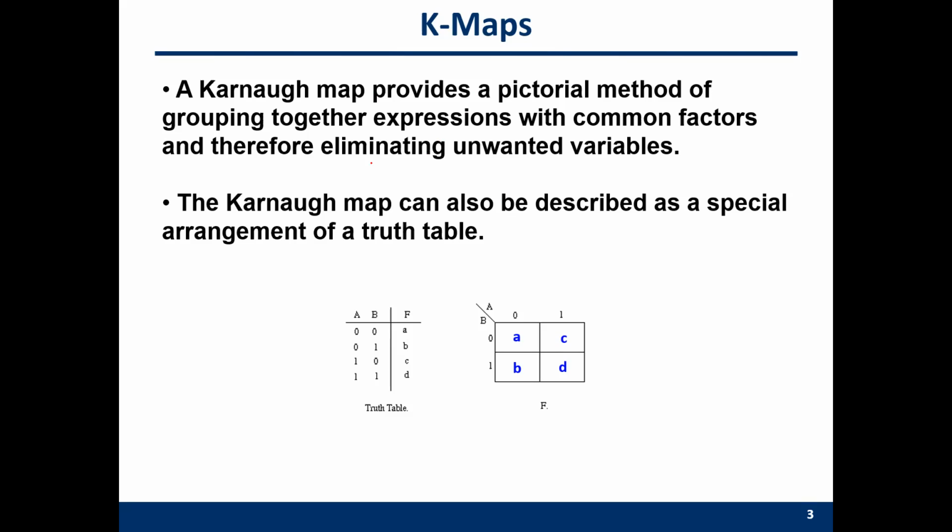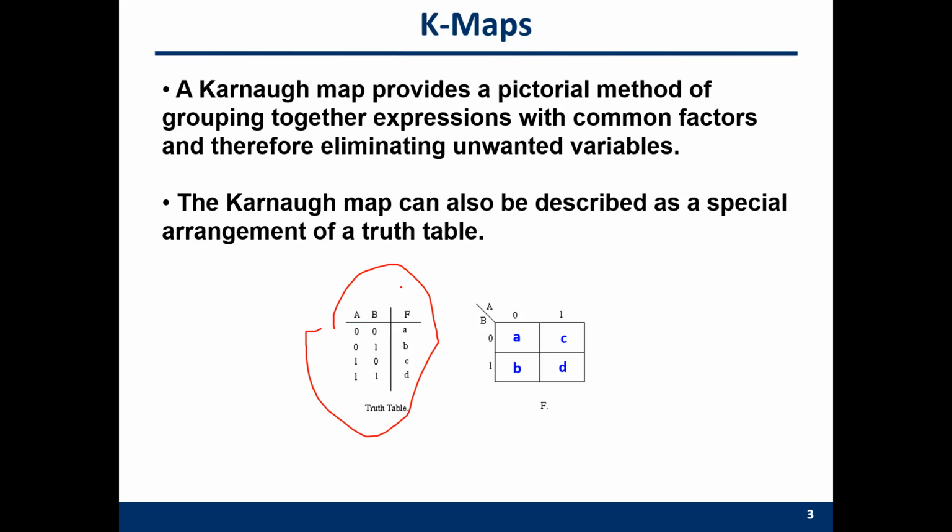So here is one example truth table. In this truth table, we have 2 variables, A and B. The output is called F. So we use A and B to represent the value of each row. A can be 0 or 1, and B can be 0 or 1.